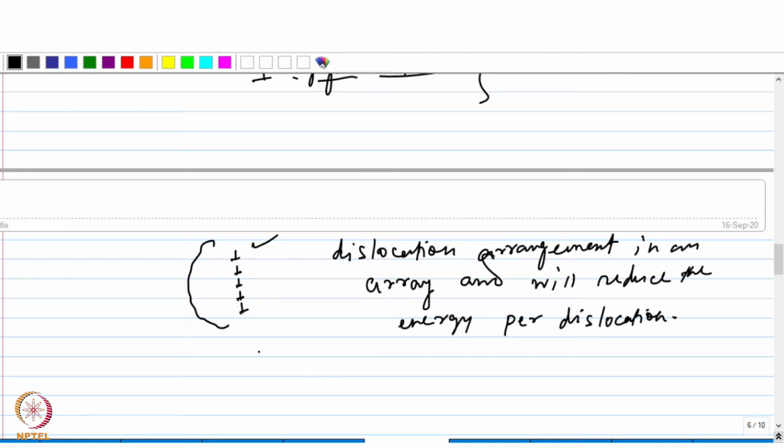Now if you look at the other regions around this array, the region adjacent to this array is now free of dislocations, right?